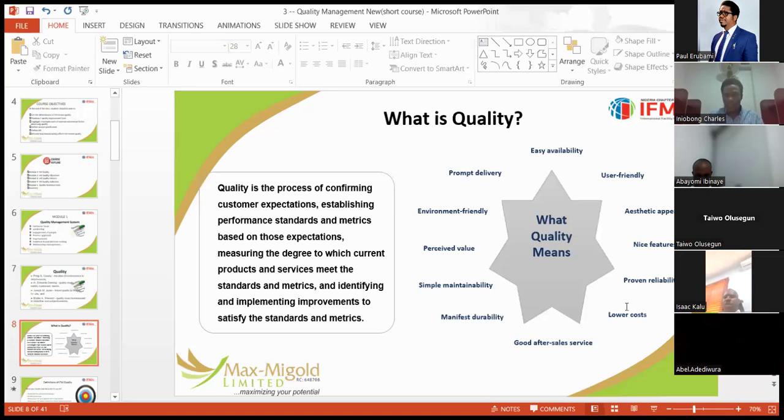Simple to maintain, perceived value, environmentally friendly, prompt delivery. And for FM, what we need is prompt delivery of our services.